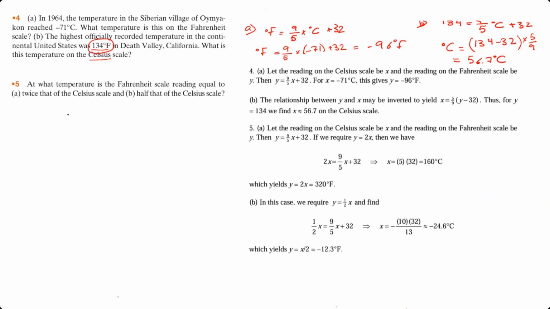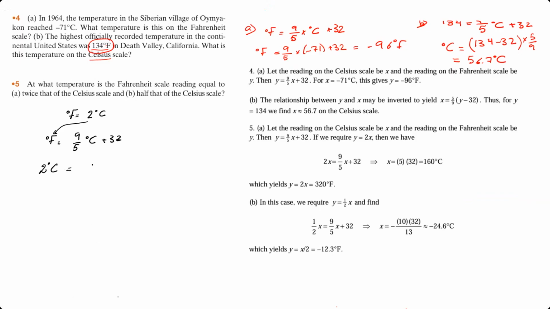So what we want is the degree Fahrenheit equals twice the degree Celsius. Now I know that also the degree Fahrenheit is equal to 9/5 degrees Celsius plus 32. So I'll substitute this here. The fact that the degree Fahrenheit is 2 times the degree Celsius, I'll plug it here.